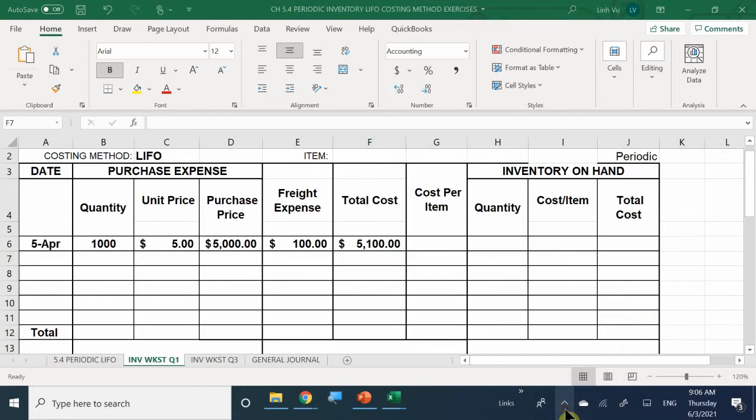$5,100. All right, so this is where you need to do a little extra work.